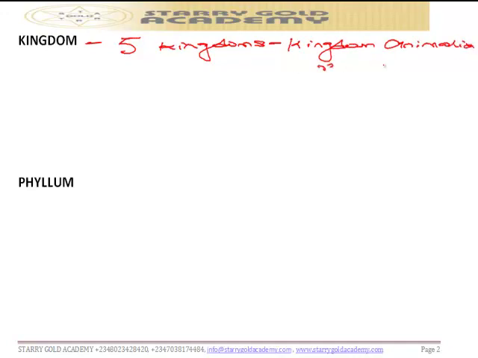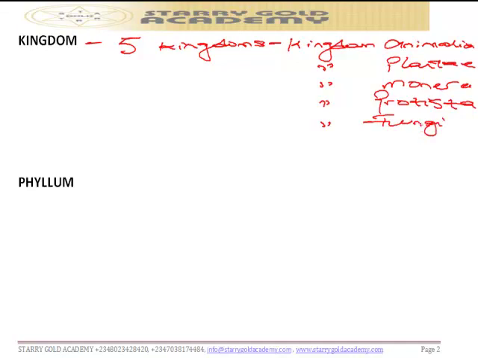We actually have five kingdoms, and they are Kingdom Animalia, Kingdom Plantae, Kingdom Monera, Kingdom Protista, and Kingdom Fungi, right?